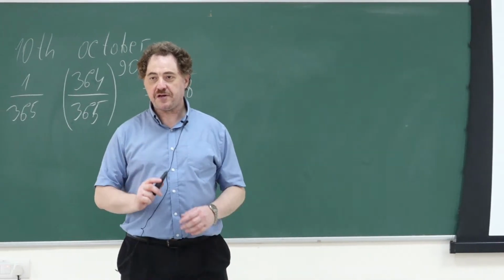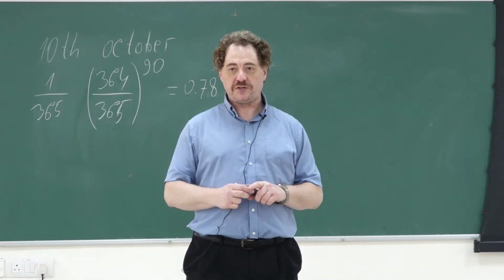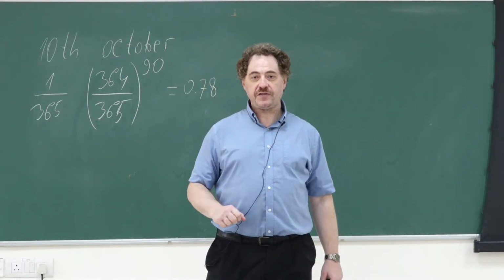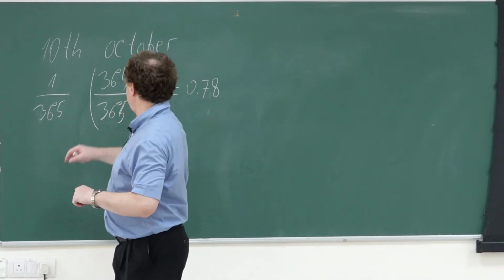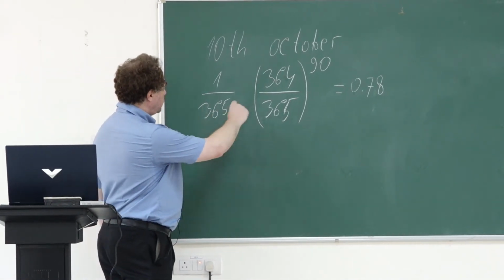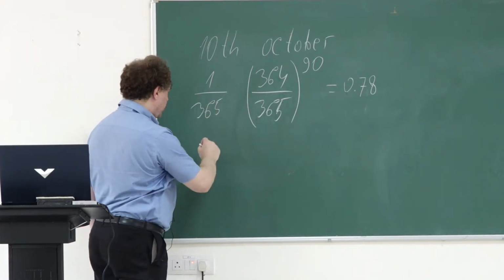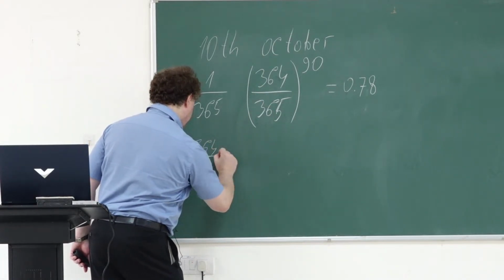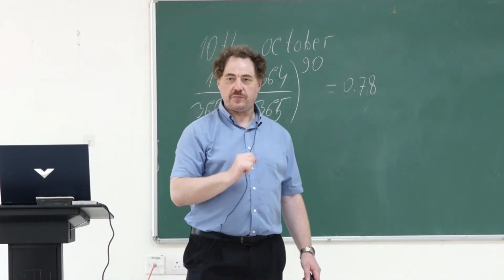Now, I'll ask a different question. What's the probability that two people in this room are born on the same day? The calculation in this case would be totally different. If you take one person and one other person, the probability of not being born on the 10th of October would be the same. But now we have two people with two different birthdays.